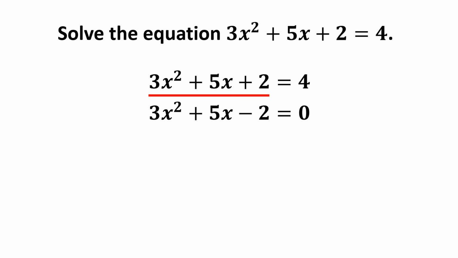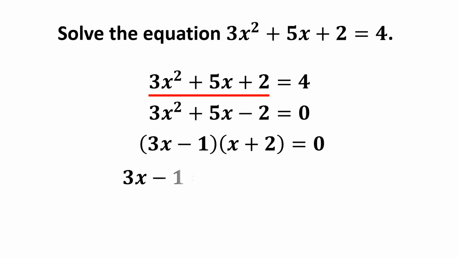Now, we factor the resulting trinomial 3x squared plus 5x minus 2. The factored form is quantity 3x minus 1 times the quantity x plus 2. Then we apply the zero product property. Equate 3x minus 1 to 0 and x plus 2 to 0 and solve them.